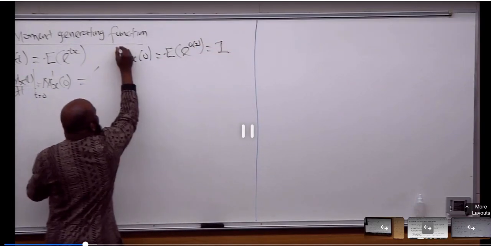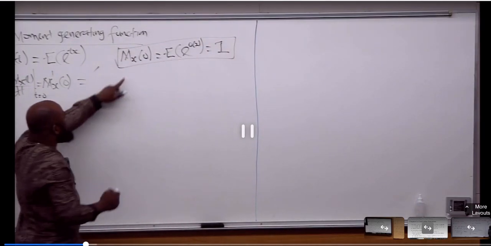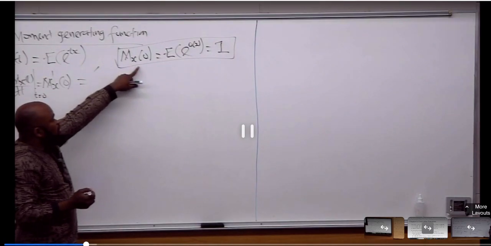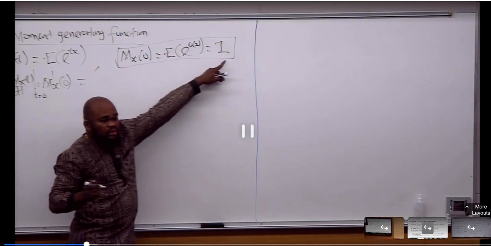This is how to prove it. So when you derive your moment generating function, if you plug in 0 and you want to know whether you are right, it should be 1.